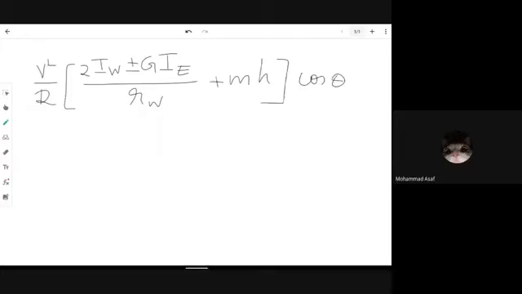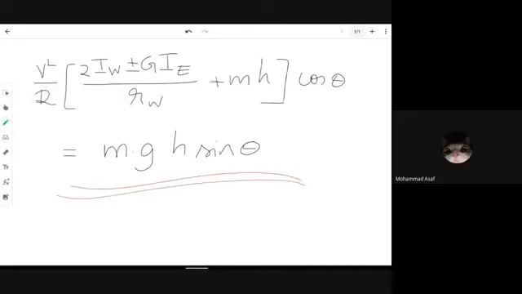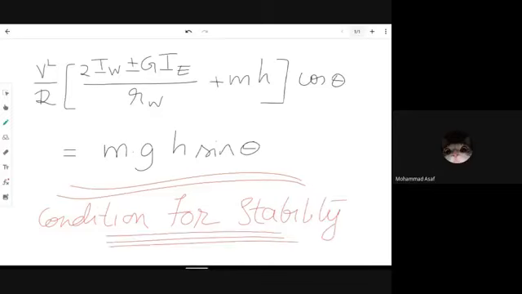This is the overturning couple, should be equal to mgh sin theta, which is the balancing couple. So this is the condition for stability. Is it clear? Yes, sir.